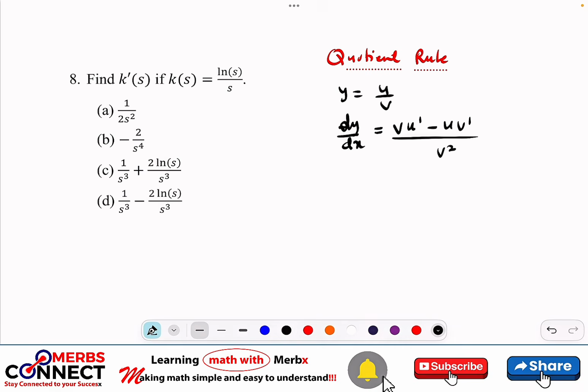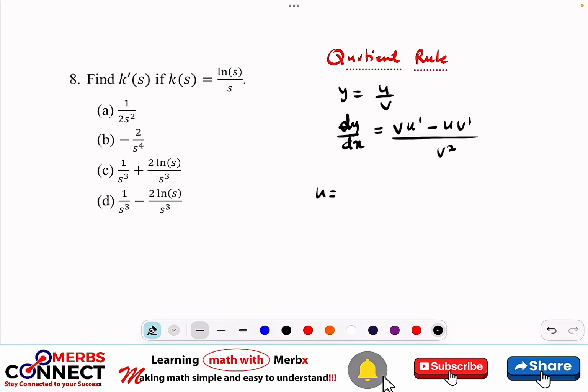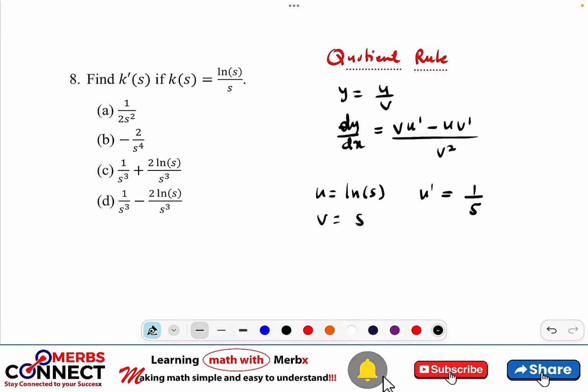So when I compare this to this, I know that my u is equal to ln of x, and my v is equal to x. Now remember, this function is in terms of x, so we are going to differentiate with respect to x, right? So u prime is going to be 1 divided by x, because we know that if we want to differentiate a log function, it's 1 divided by what is inside the parentheses.